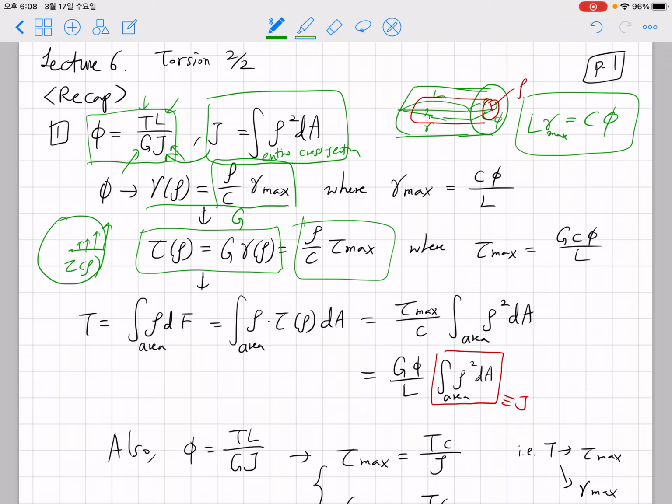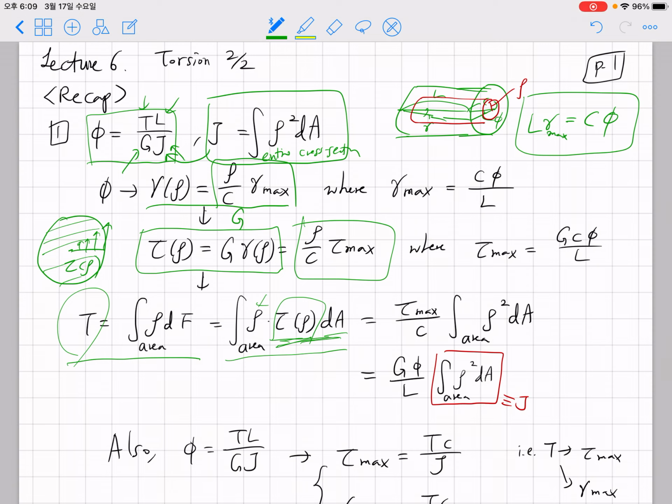And if we integrate this shear stress over the entire plane, then we can obtain the torque on the entire plane, which must be balanced with the applied torque T. Then we massage this equation and plug in the expression for tau, where rho is the radius, and tau times dA is the infinitesimal force.